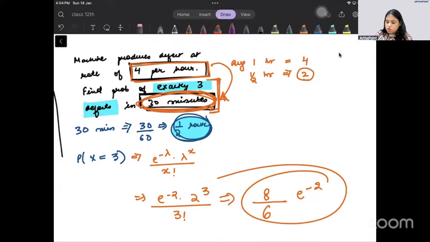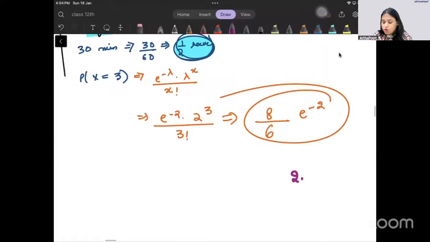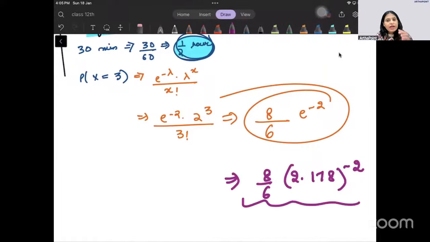It's an interval. So I know the value of e is 2.178. So I will do e to the power minus 2 into 8 by 6. I will find this value. They will mention approximated to 2 digits and they will give you the answer in an interval. So if your answer is within that interval, it will be correct. So don't worry, they will have that much consideration.